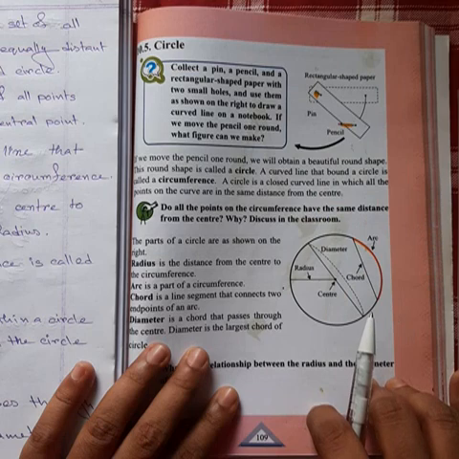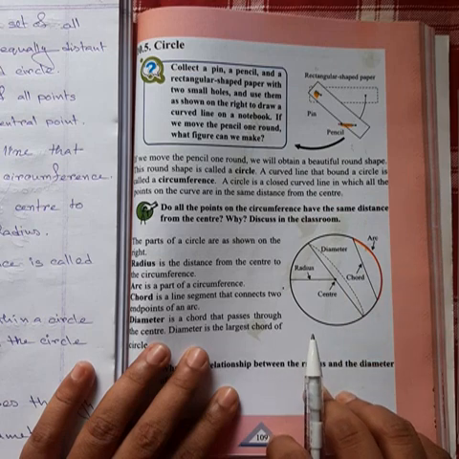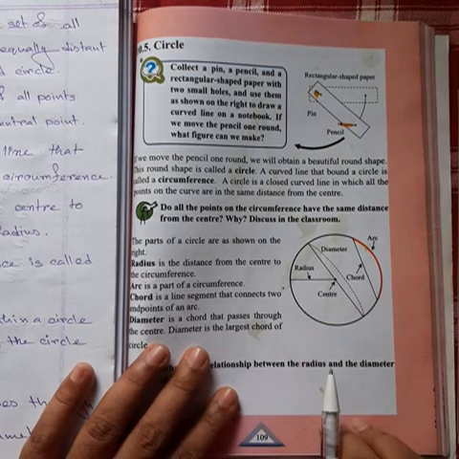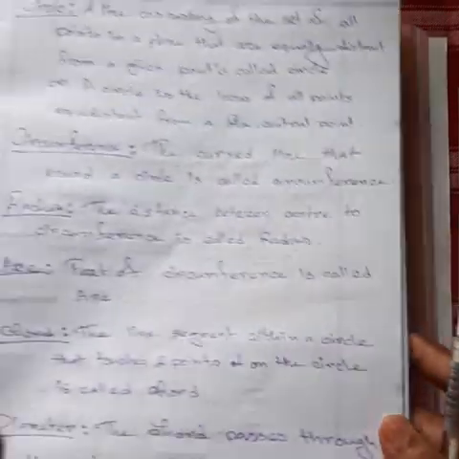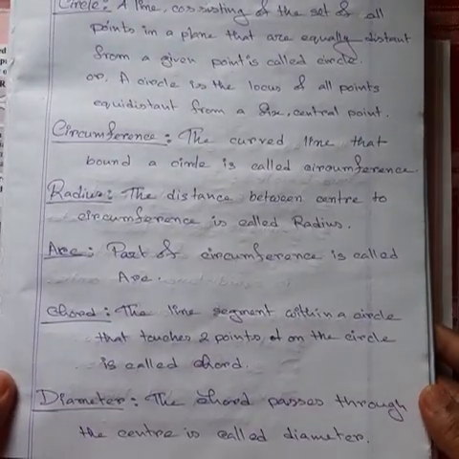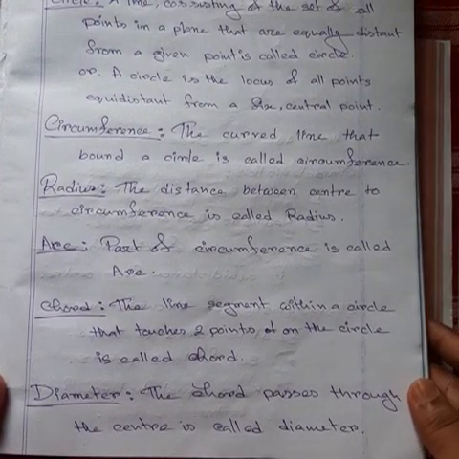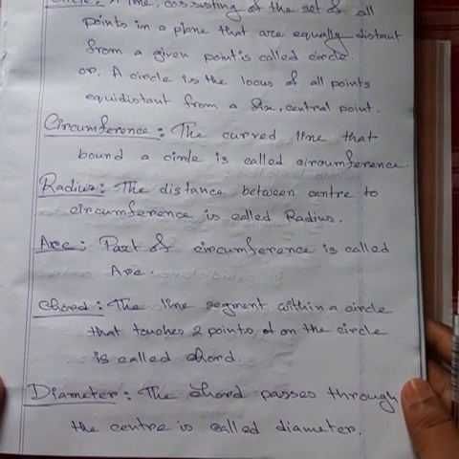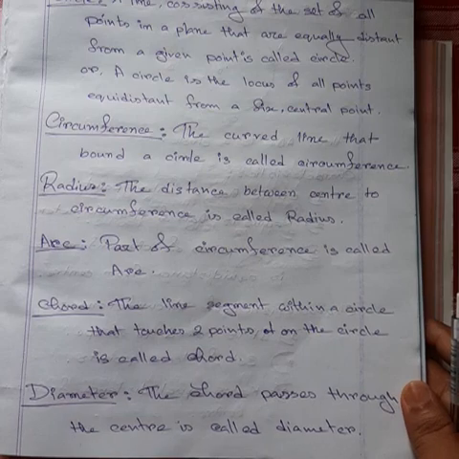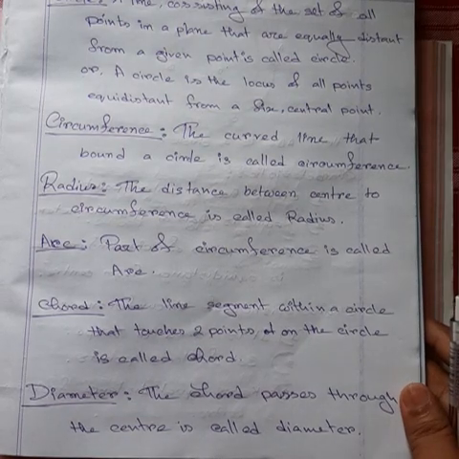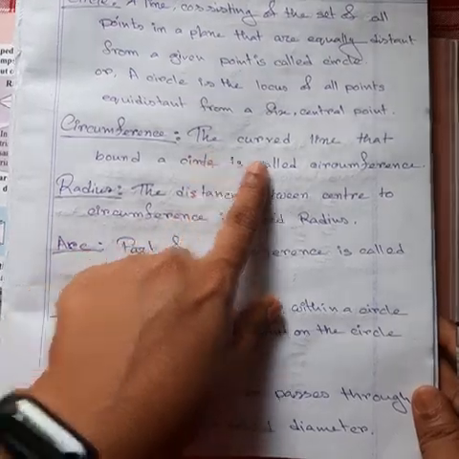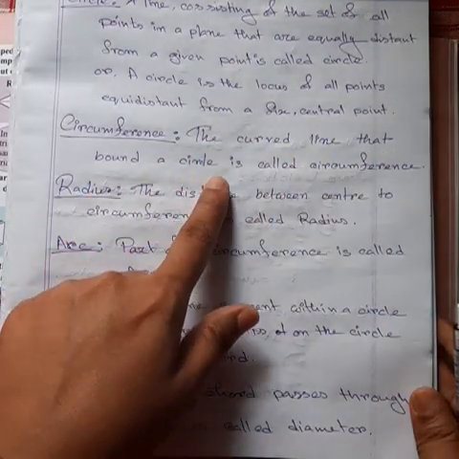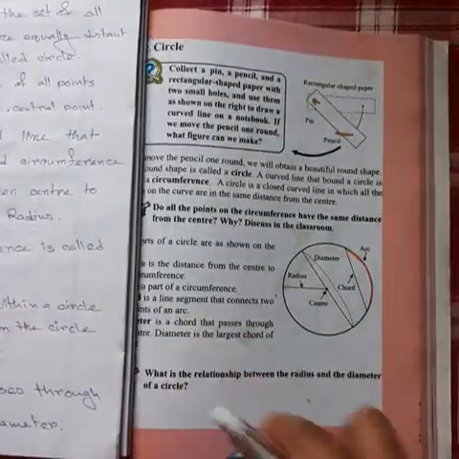Now I'm going to show you different parts and different definitions. The next one is circumference. Now what is circumference? The curved line that bounds a circle is called circumference.